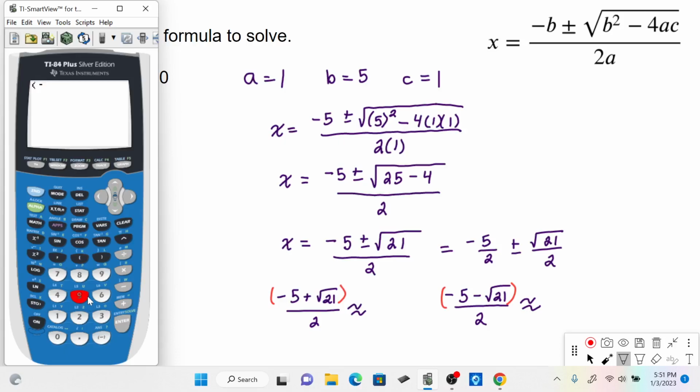So negative 5 plus the square root is that blue symbol right above the x squared button. Anything in blue, you want to press the blue second button, so second x squared, 21. And now we need to arrow out of the square root to close our parentheses. And then we can press divide by 2. So our first approximate answer is going to be negative 0.21.